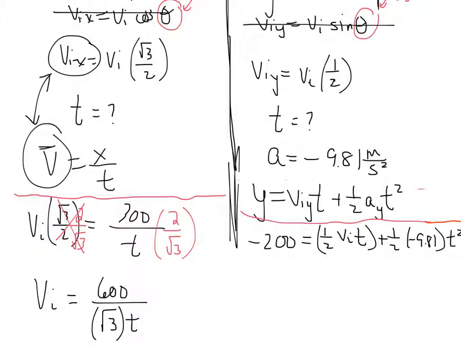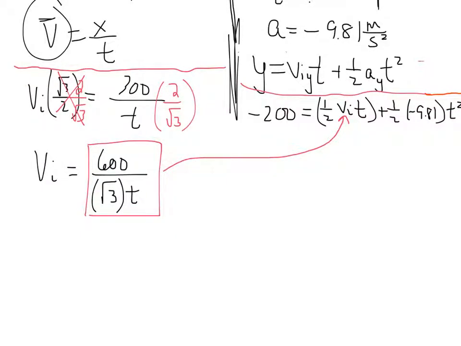The reason this is very important to do it this way and not the other way, because if you solve for time, you'd have to plug it in 2 spots, and you'd end up with a VI squared in a denominator, which is really just a mess. So take this expression and go ahead and plug it in for VI on the right-hand side. I'm going to write that all down below on the bottom together.